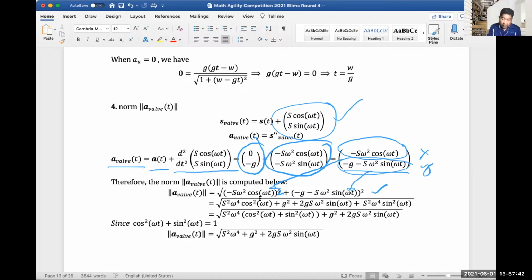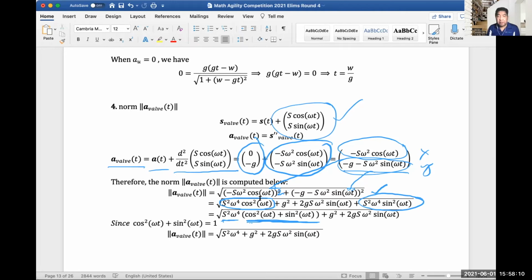Simplifying it and combining, actually you will get a sine squared and a cosine squared omega t. This has the sine squared, and the first term has the cosine squared. If you combine them, factoring out S squared omega to the fourth, this would be equivalent to 1, right?